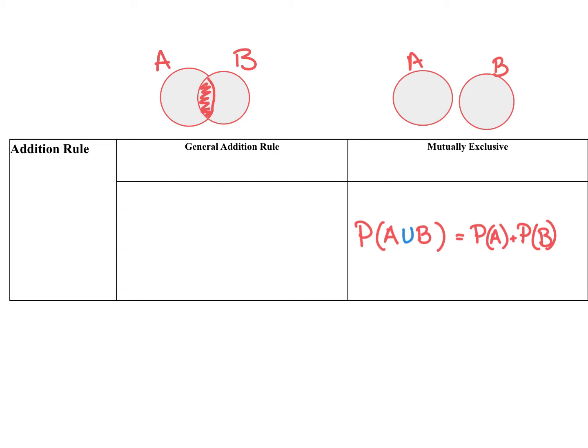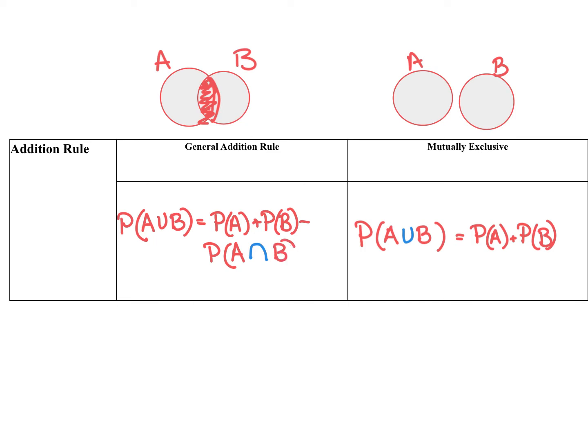So that leads us to the general addition rule, which says the probability of A union B is equal to, yes, we just add them, but that means we've double counted. So what we need to do then is subtract this overlapped region in here. And how we subtract that, again, is the probability of the 2 being intersected together. So intersections, the upside down U like this.